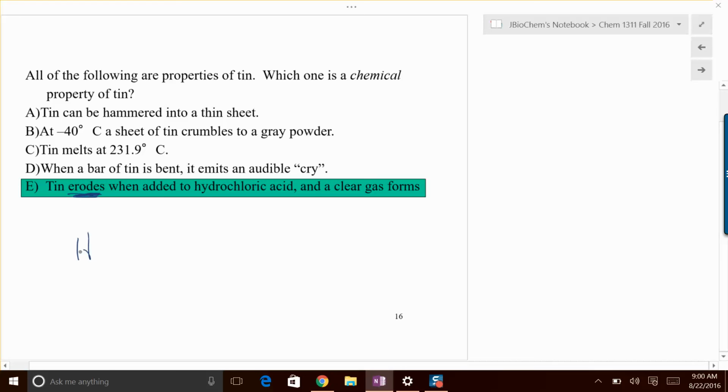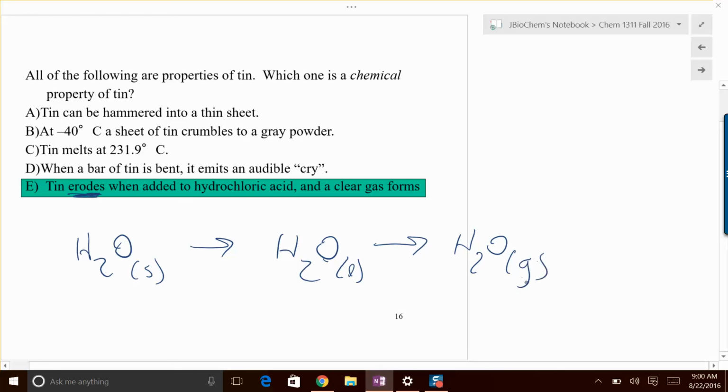Okay? H2O, solid. This would be a what type of change? Physical change. It's still water even when it's a gas, right?